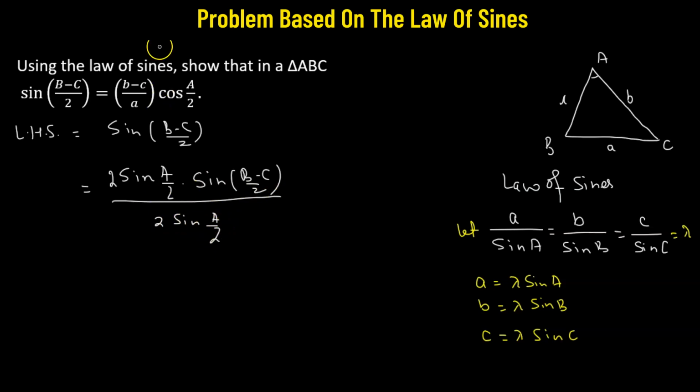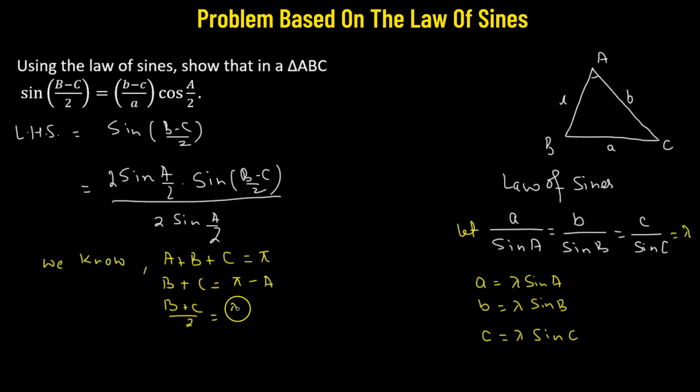The reason why we wrote it in this particular fashion is because we are going to use a formula. We know that the sum of the interior angles of a triangle, A plus B plus C, sums up to pi radians. That means B plus C can also be expressed as pi minus A. Now if we divide both sides by 2, we have (B plus C) over 2 equals pi over 2 minus A over 2. Now let's take the cosine of the angle on both sides.